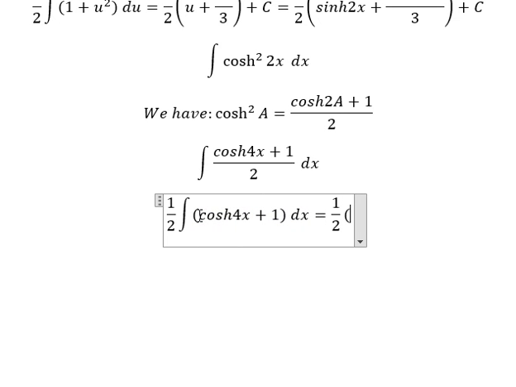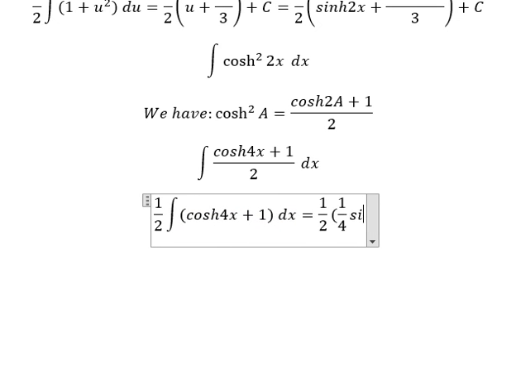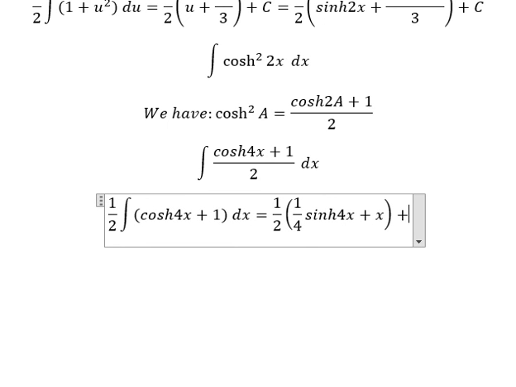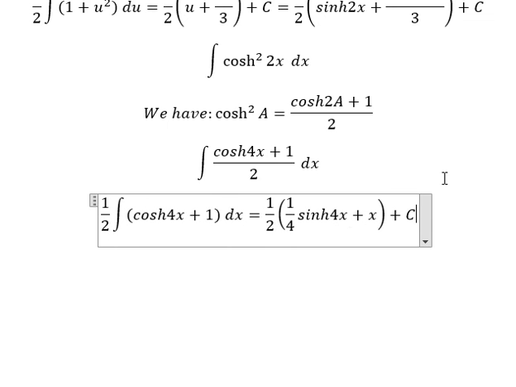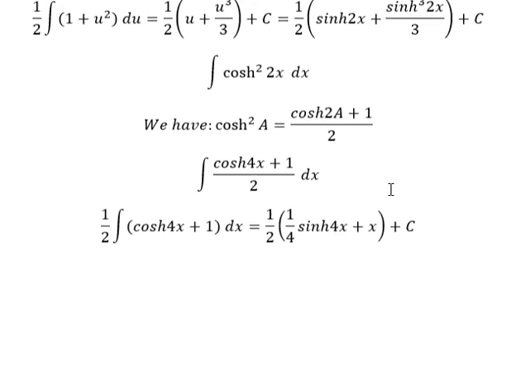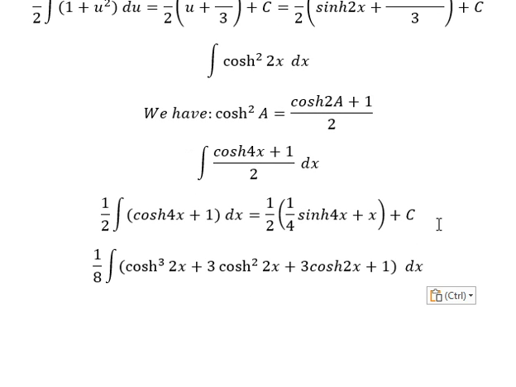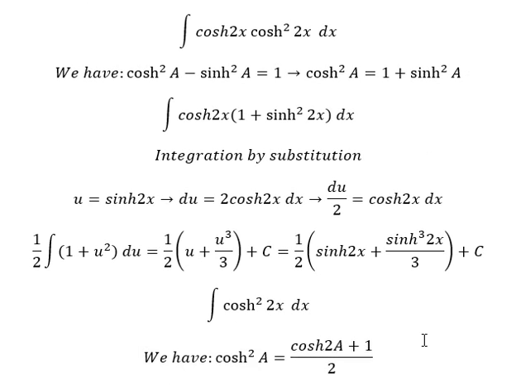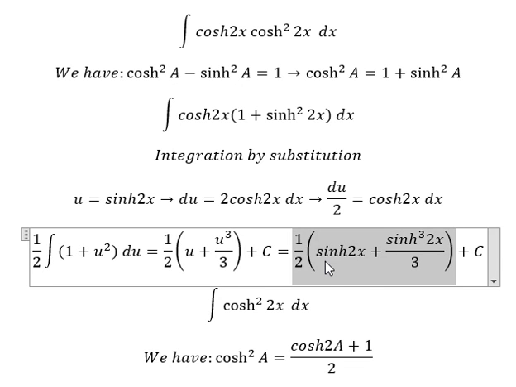The integration of cosh 4x, we have 1 over 4 sin 4x. Number 1, that is x, and I will put c. Now we go back in here. The integration of this one, that is about this one.